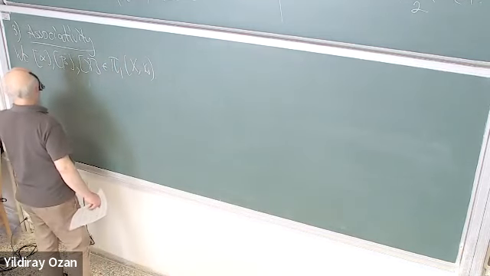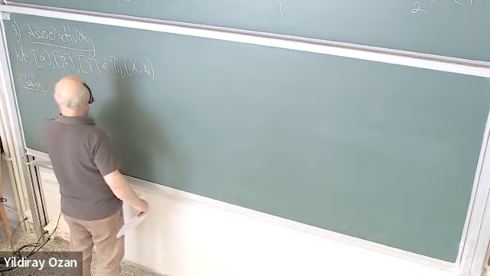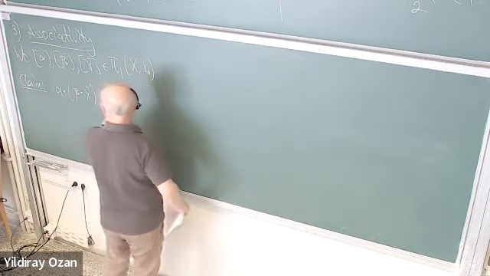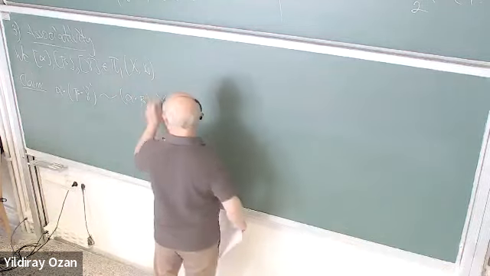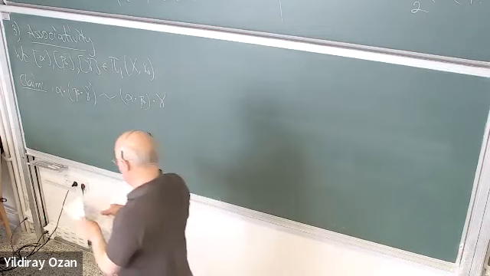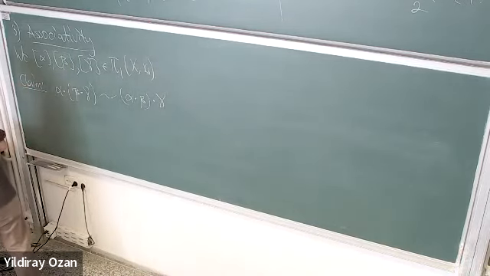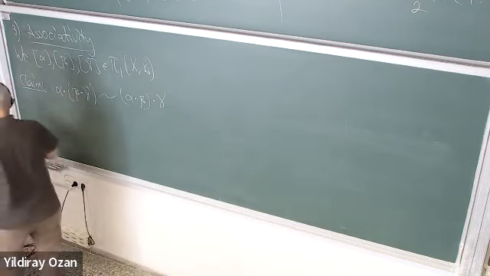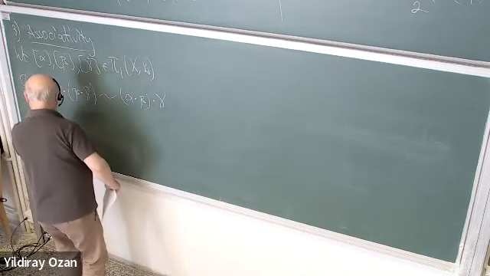So we claim that alpha, beta, gamma is homotopic to alpha dot beta dot gamma. Okay. And proof is again just linear algebra. I'm sorry, analytic geometry. First, I have to draw a picture.